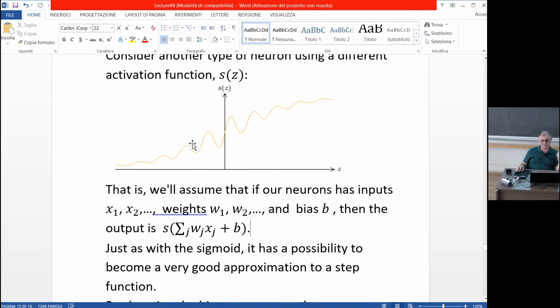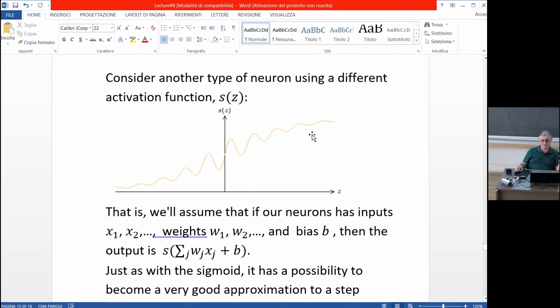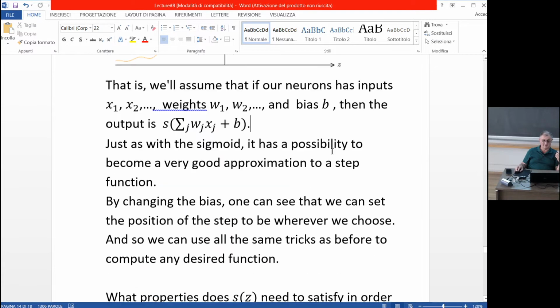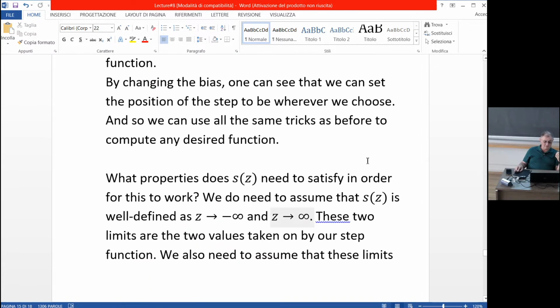We have designed such a shape, but it begins from 0 at minus infinity and finishes at +1 at plus infinity. So it is something like the sigmoidal function.